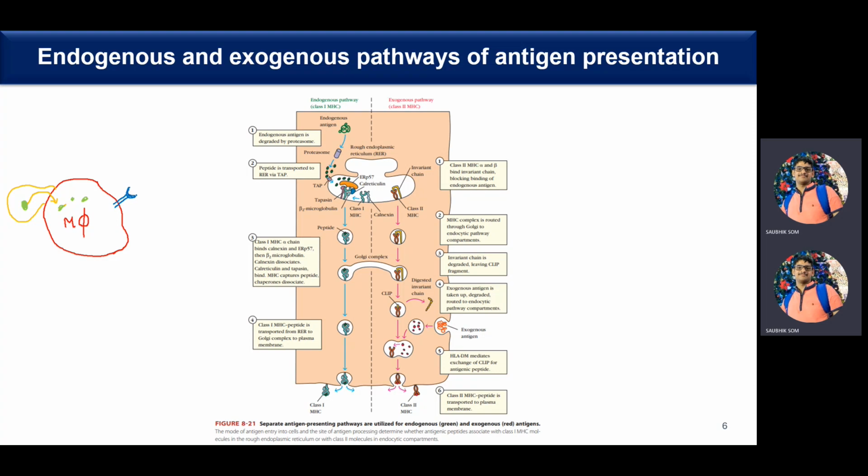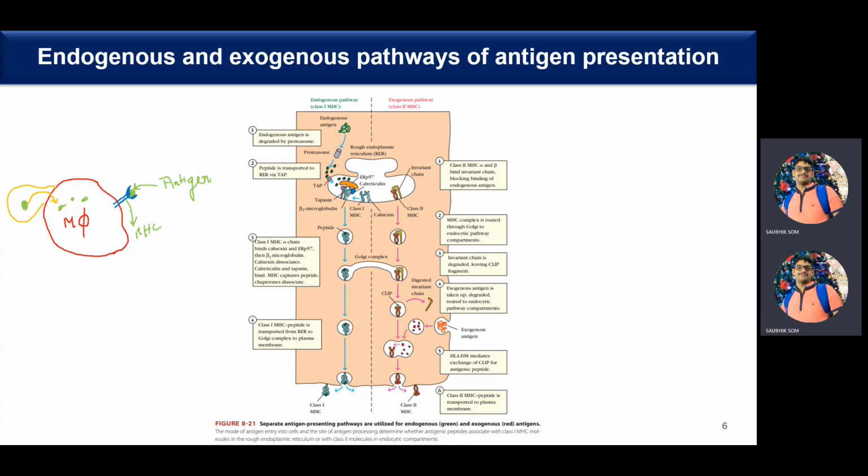Now what the macrophage will do is use this MHC molecule to present the bacterial antigen. So this is the MHC and this is the antigen that has come from the bacteria.